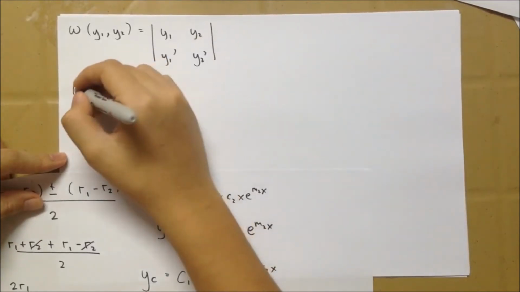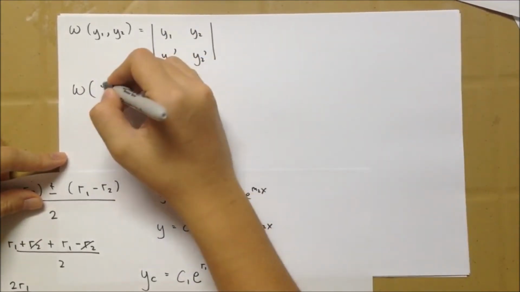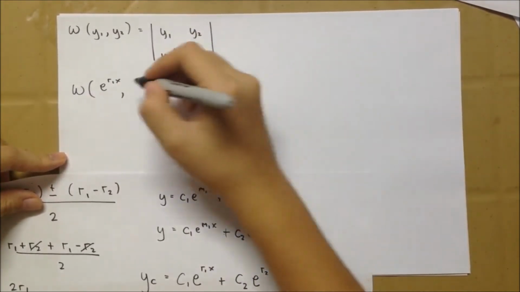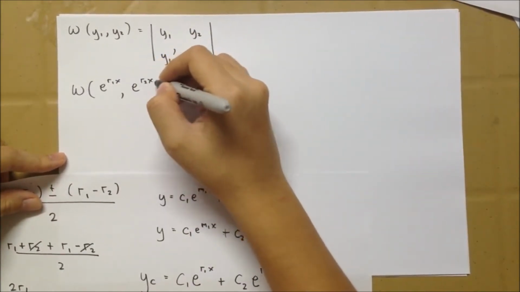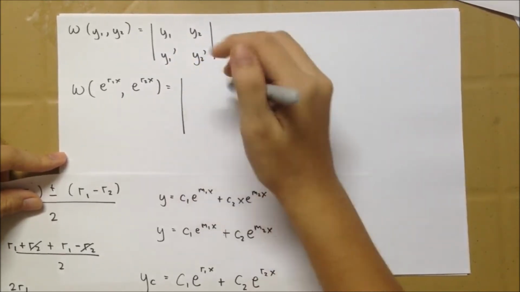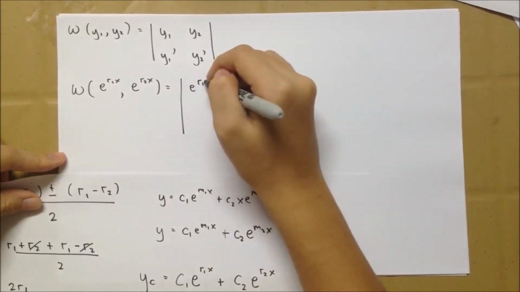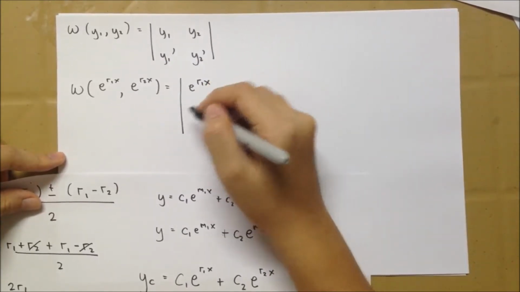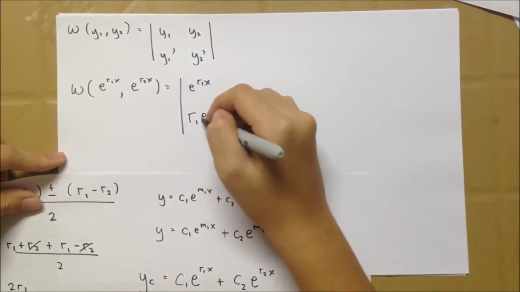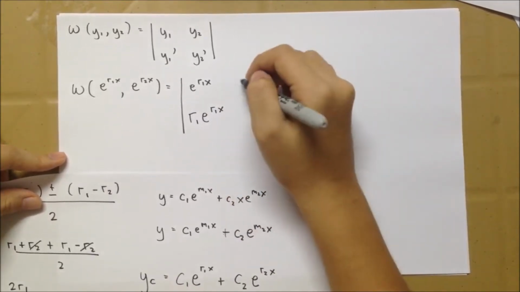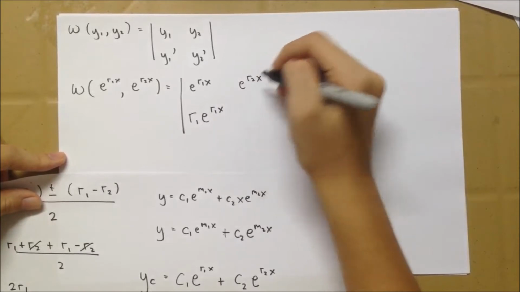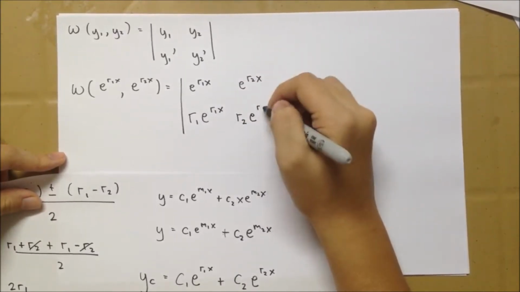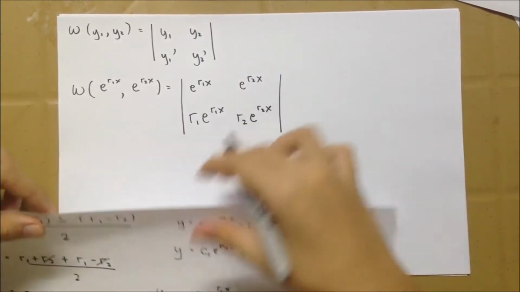Here, our Wronskian for e to the r1x and e to the r2x is equal to e to the r1x times the derivative of the other. Remember that r1 is a constant, so the derivative of this is just r1 e to the r1x, and we have e to the r2x, whose derivative is r2 e to the r2x.